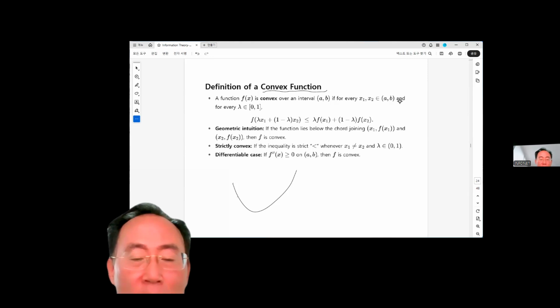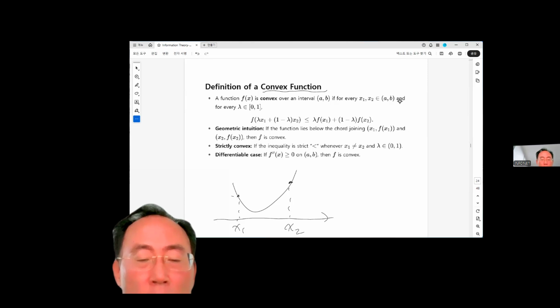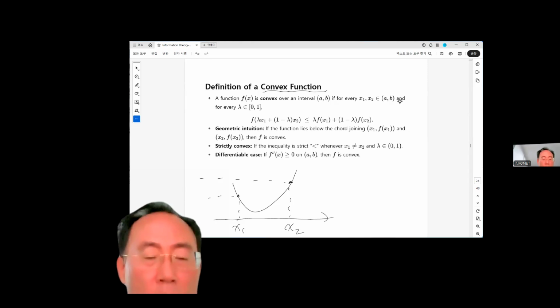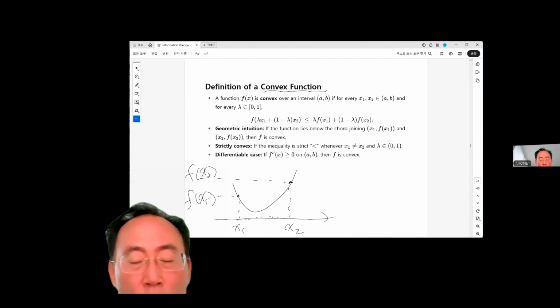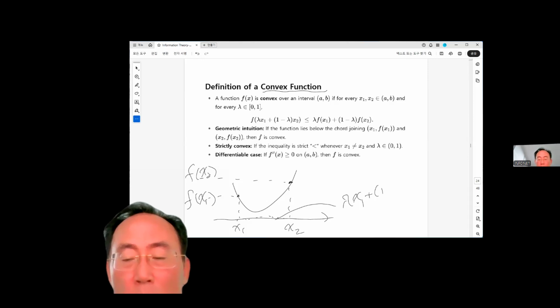Convex, right? If you have any two points, x1, x2, and then here f(x1), f(x2). And basically anywhere in this point between x1 and x2, you can define it as lambda x1 plus (1 minus lambda) x2, right?